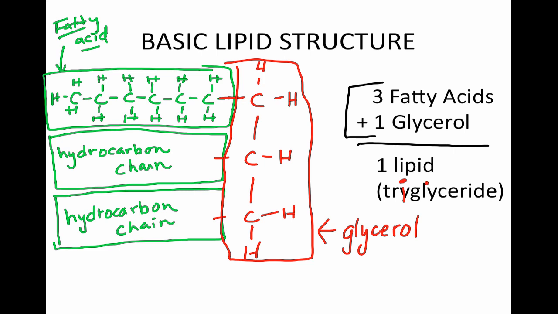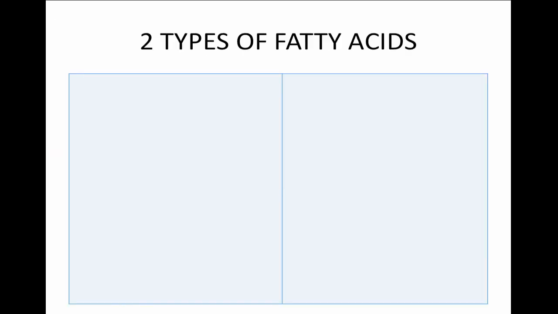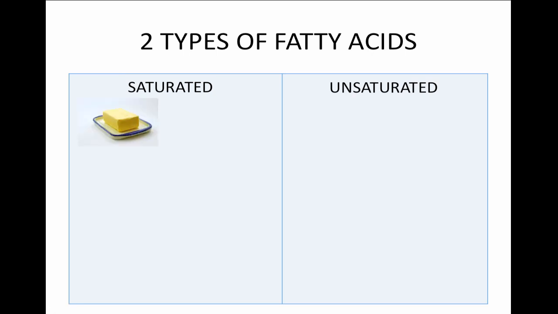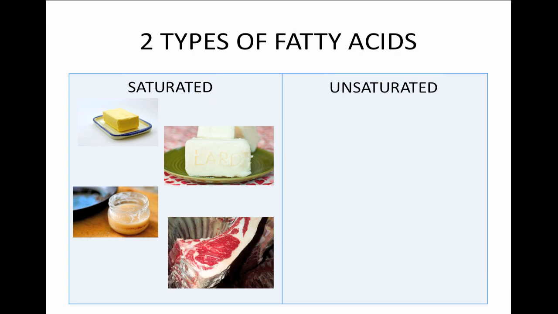So when we're talking about fat, when you look at the back of a nutrition label, you see that fat is divided into 2 types. We have saturated fat and unsaturated fat. And saturated fat we usually see a lot on products like butter, my personal favorite, lard, bacon grease, bacon, or the fat that's in meat or any products with a lot of red meat especially.